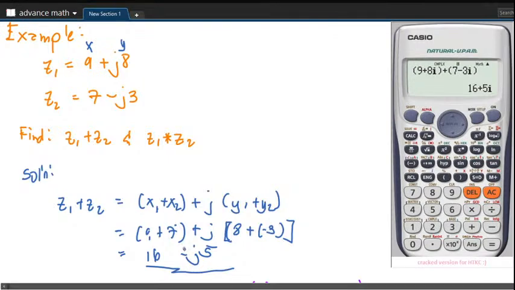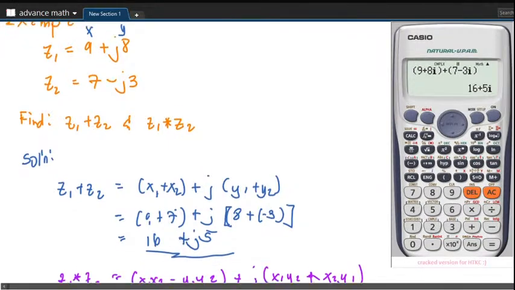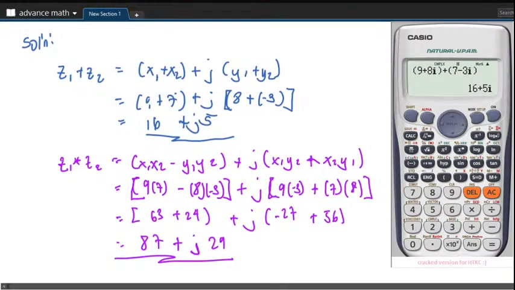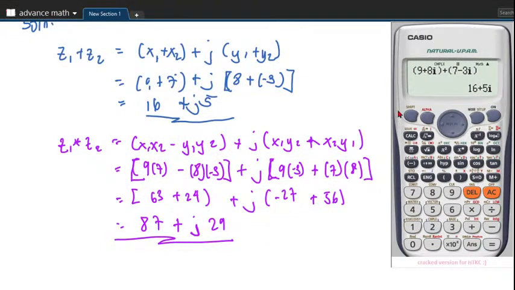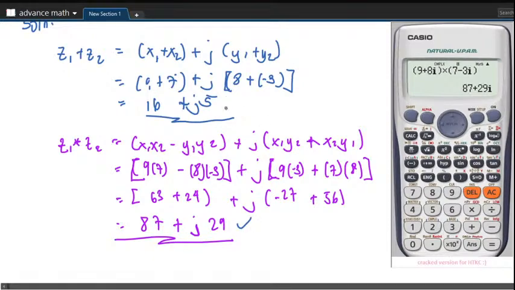So plus 5, then for the multiplication part, we have times, multiply, so that is 87 plus 29i, or 87 plus j of 29. So this is correct. For the sum, we just made a mistake on our sign. That is how we are going to multiply and add complex numbers.